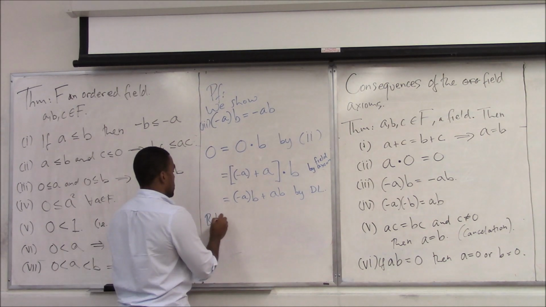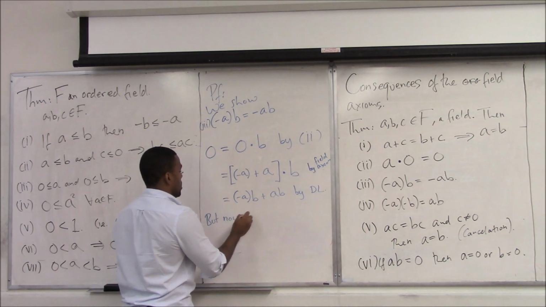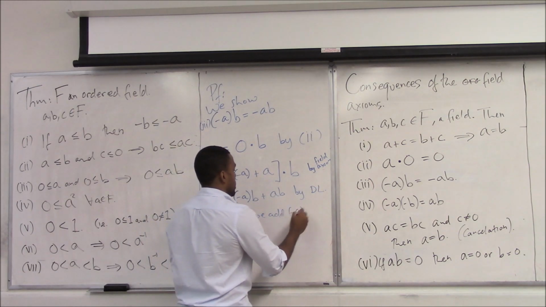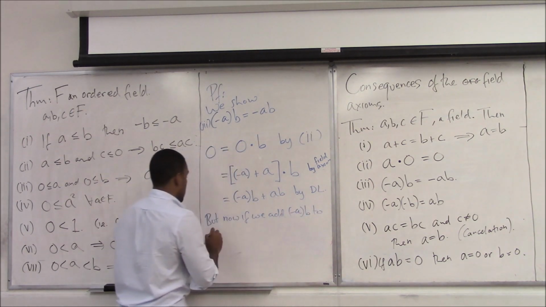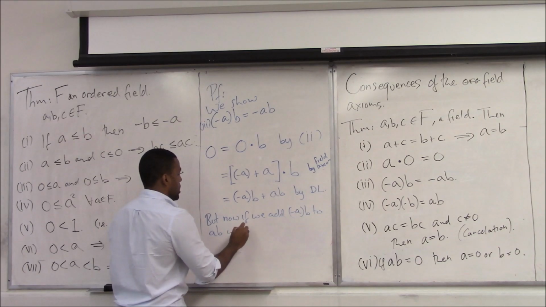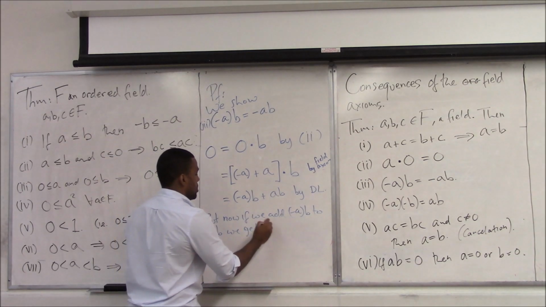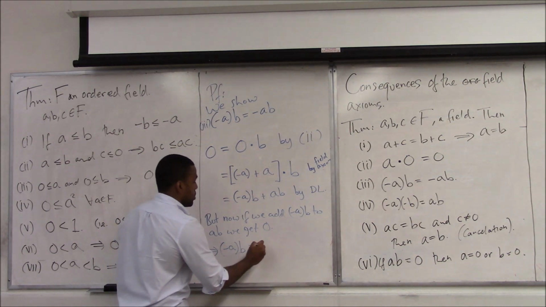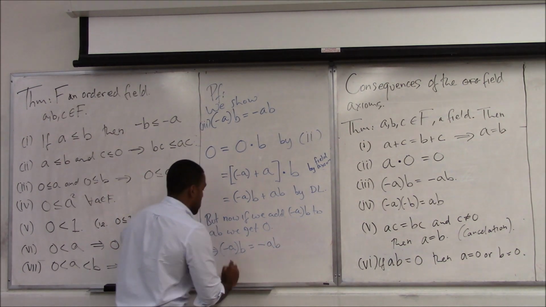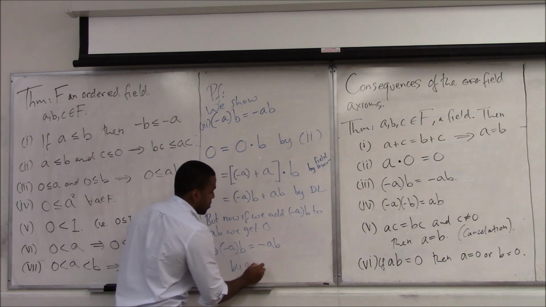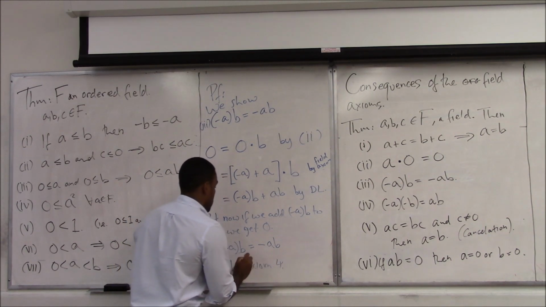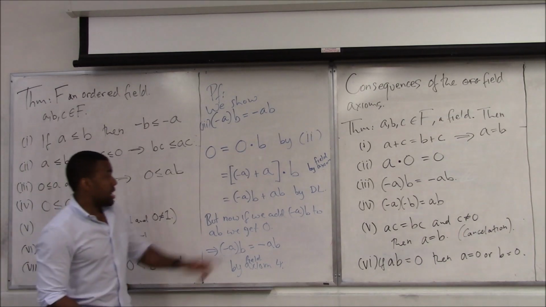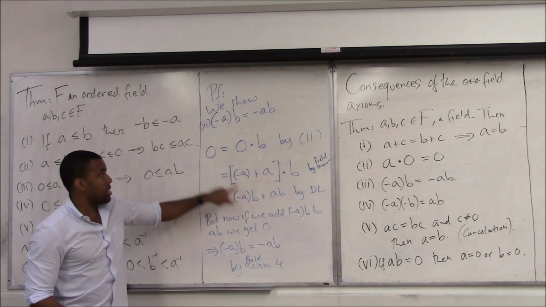But now, if we add this to this, we get 0. This means that this is equal to the negative of that by axiom 4. What I've just shown is that if I add this to that, the result is 0.